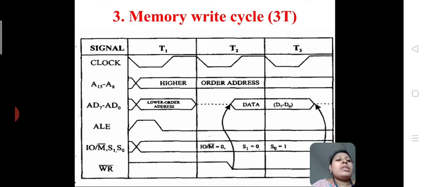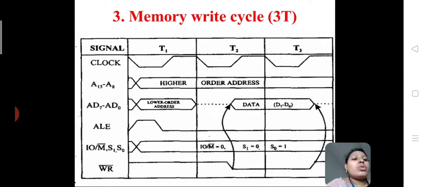Once it writes the data, it goes high, disables the address and data bus, and starts decoding. In the write cycle, S0 will be 1 and S1 will be 0, and IO/M bar is 0 because of the memory write cycle. Remaining all is the same as the opcode fetch cycle and memory read cycle. So this is about the memory write cycle.